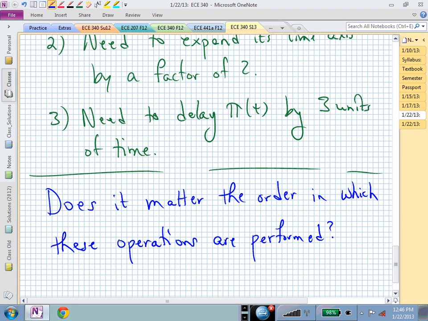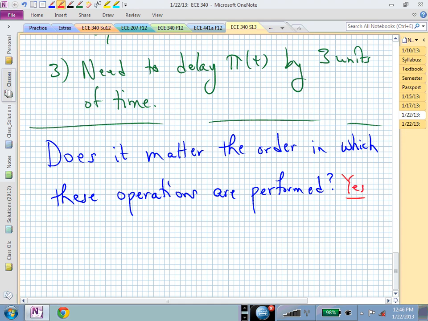But if you're just brute force applying this without really doing it correctly, the order does sort of matter. So I'm going to go ahead and say this is a qualified yes, just to make you aware that you need to pay attention to what you're doing. So let's maybe do it in the reverse order that we identified them.